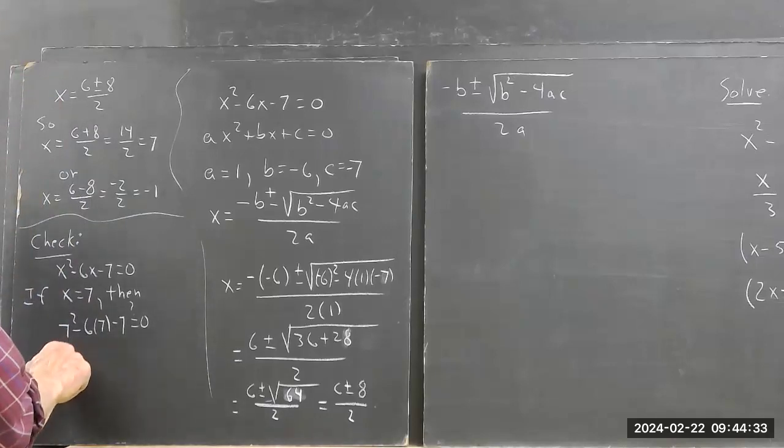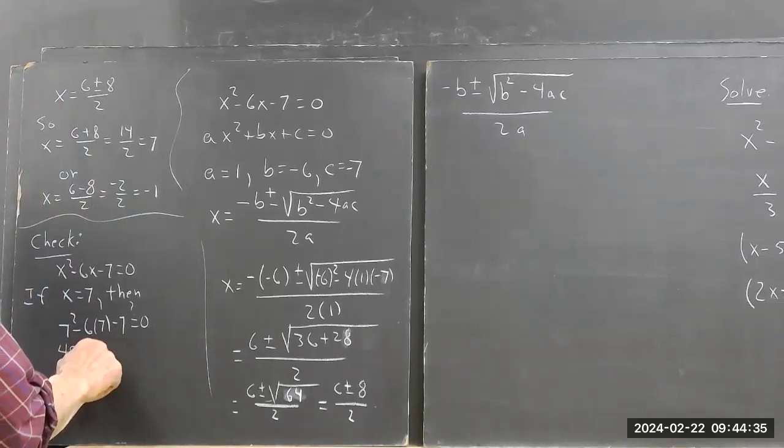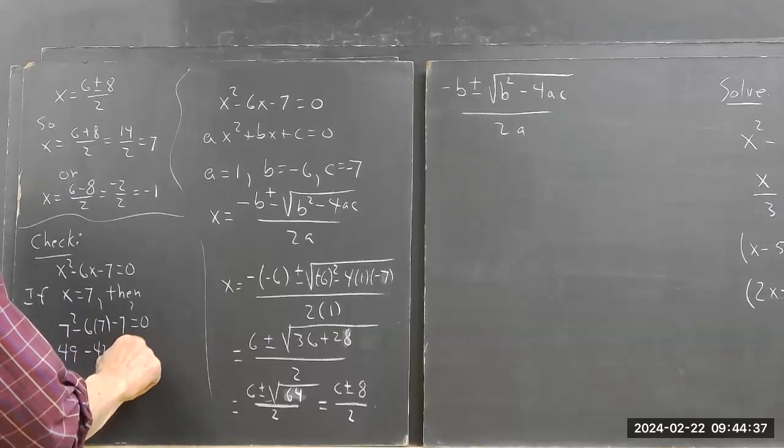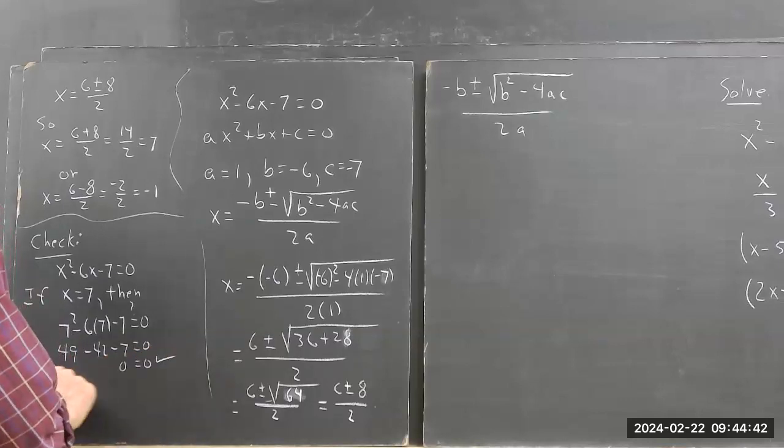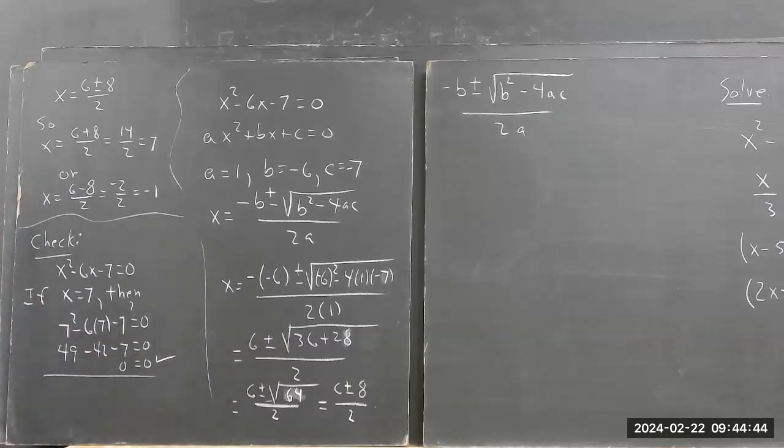Okay, well, this gives us 49 minus 42 minus 7 equals 0, and 0 equals 0. When you get done doing the arithmetic, negative 42 and negative 7 is negative 49, so we have 49 minus 49. Now, you should probably write that stuff out unless you're very good at doing the arithmetic in your head.